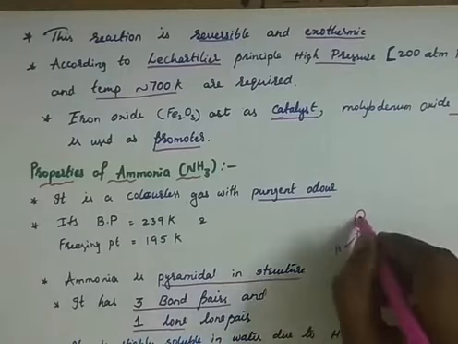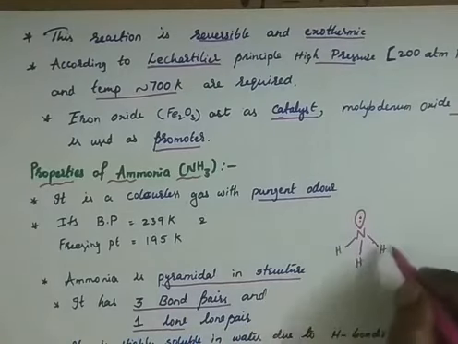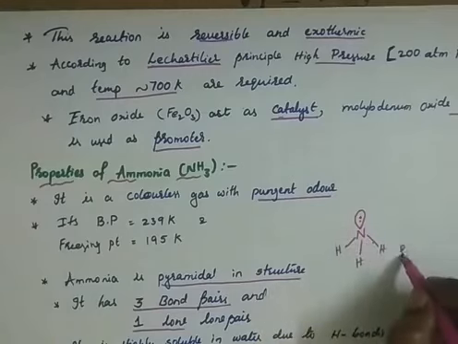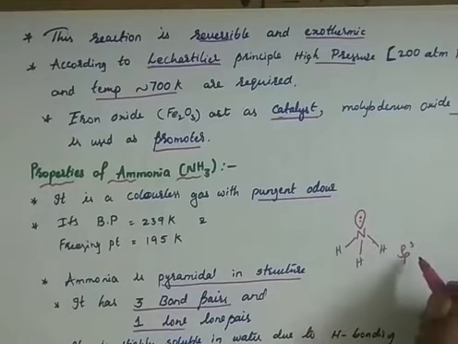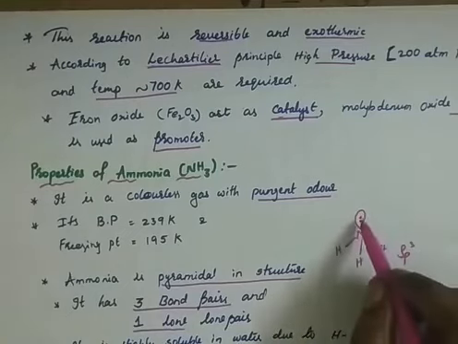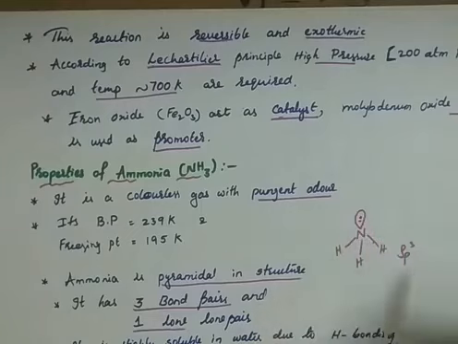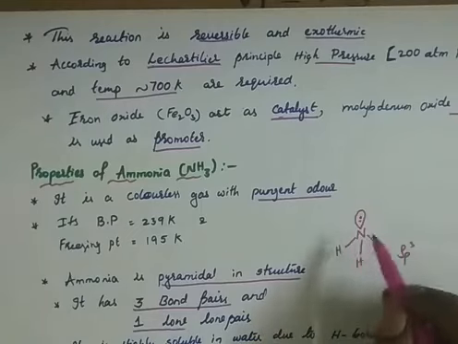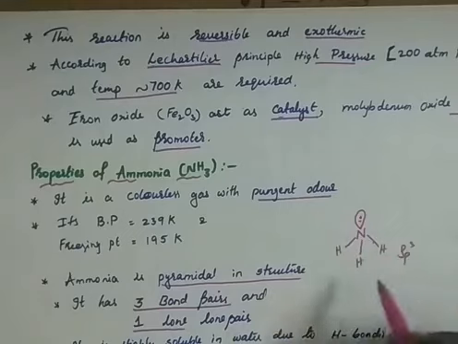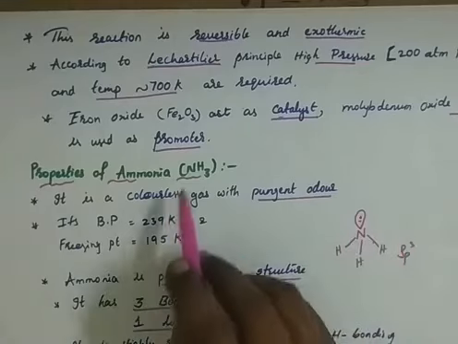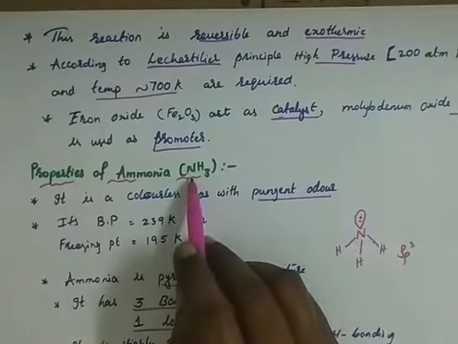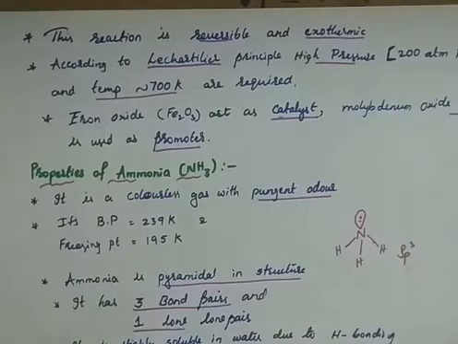This is the pyramidal structure, and the hybridization, if you want, is sp3 hybridized. But it doesn't have the 109 degree angle; due to lone pair-bond pair repulsion, a 105-something bond angle will be there. This you have learnt, right? So you have to remember the structure also. Whenever you are learning about a compound, its structure should also be learnt.